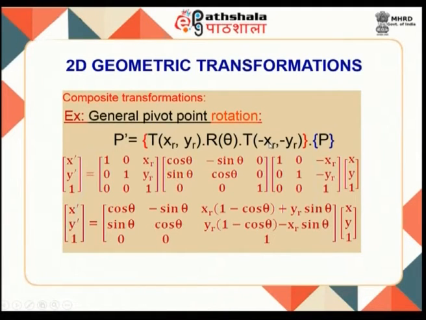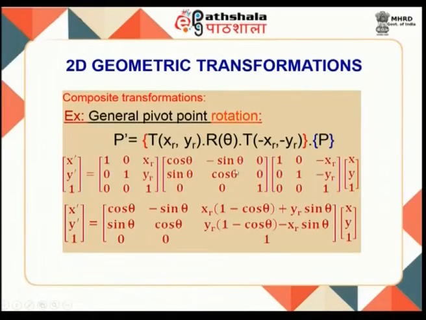They are to be written in reverse order, from right to left. So, T of x r, y r into R of theta into T of minus x r, minus y r, the set of matrices in the curly brace, multiplied with the point P, the initial point, or the object that we wanted to rotate. When you multiply these three matrices, see here: 1, 0, x r; 0, 1, y r; 0, 0, 1; cos theta, minus sin theta, 0; sin theta, cos theta, 0; 0, 0, 1; and 1, 0, minus x r; 0, 1, minus y r; and 0, 0, 1.